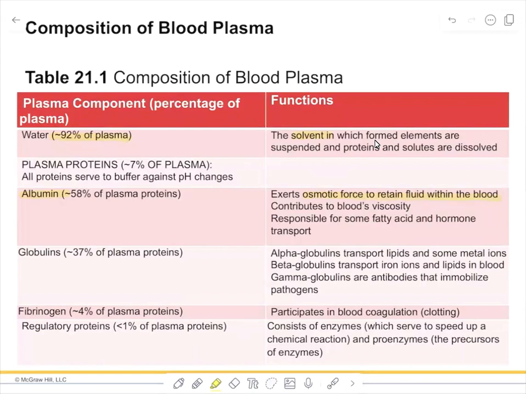It's also responsible for some transportation of fatty acids as well as hormones. For globulins, their main job is that they play a role in antibodies that immobilize pathogens. Fibrinogen is important in blood coagulation, which is clotting.